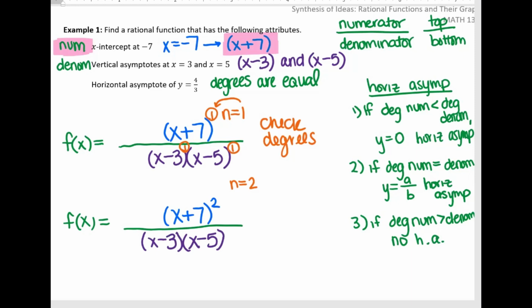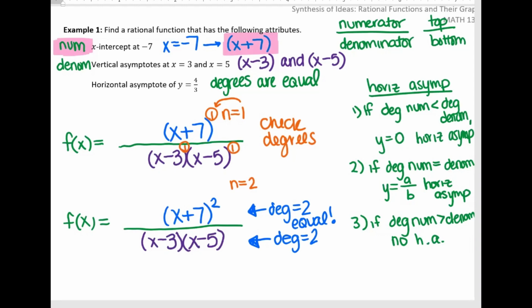And now we have a degree 2 and a degree 2, which means that they are equal, which means that we can put in our horizontal asymptote.